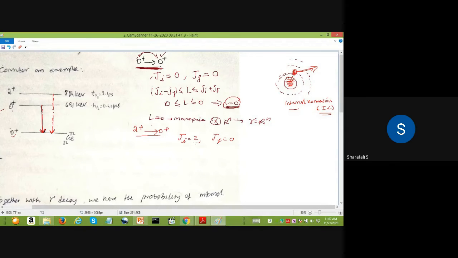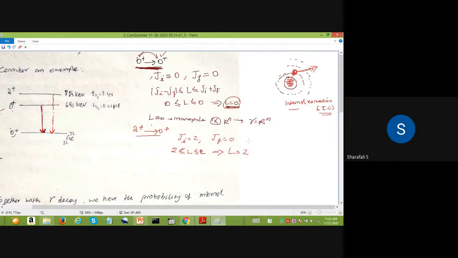And there is no parity change in this case also. So we can say that Ji minus Jf, taking all those values, which is 2, should be less than or equal to L, and L should be less than or equal to 2, which will give you an L value equal to 2.